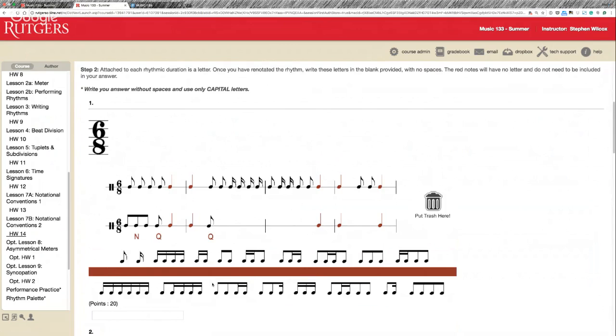We have an eighth and 2 sixteenths, or an eighth and 4 sixteenth notes. There we go, like that. So here we have 2 eighth notes. If I add one more eighth note, I get 3 eighth notes. That means the first eighth and 2 sixteenths is going to be the first half of the measure, and then the quarter and the eighth are going to be the second half of the measure.